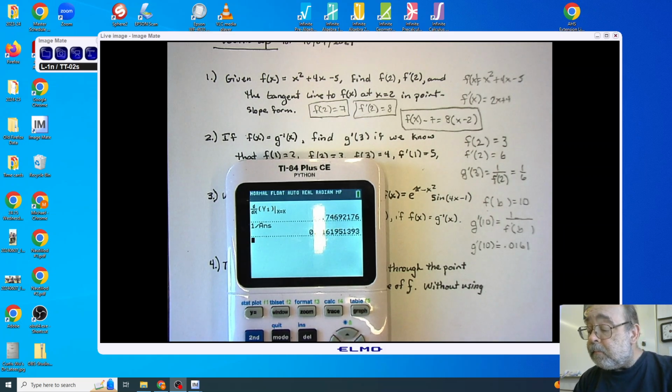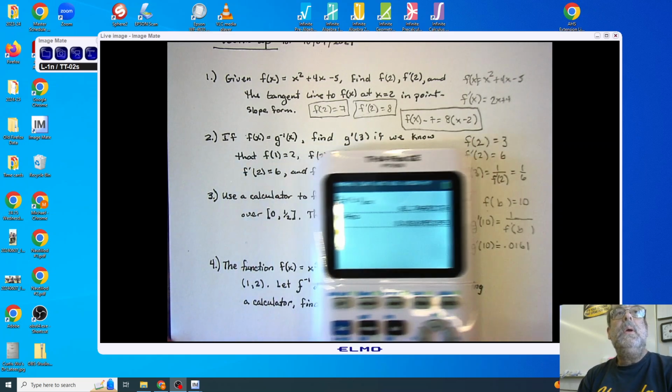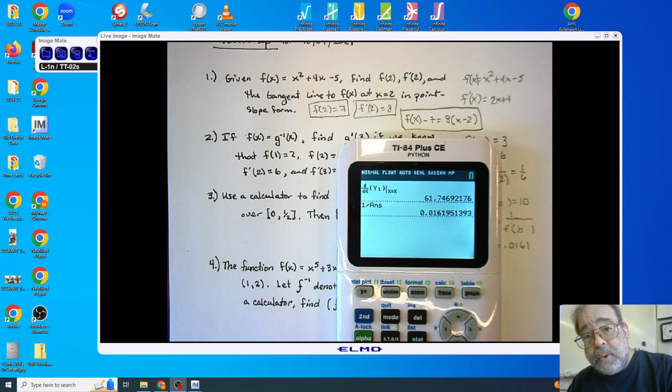Okay? Now, I also want everybody to be able to use their calculator and store values. That was what I was trying to show everybody on Friday. So if I hit X right now, the X that was on the graph is going to be the X that I will see coming up. Enter.